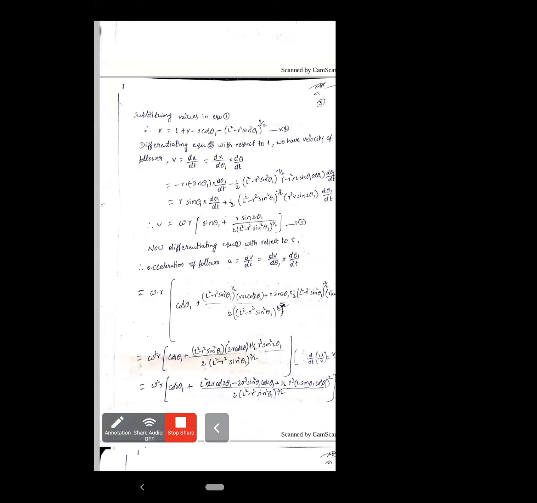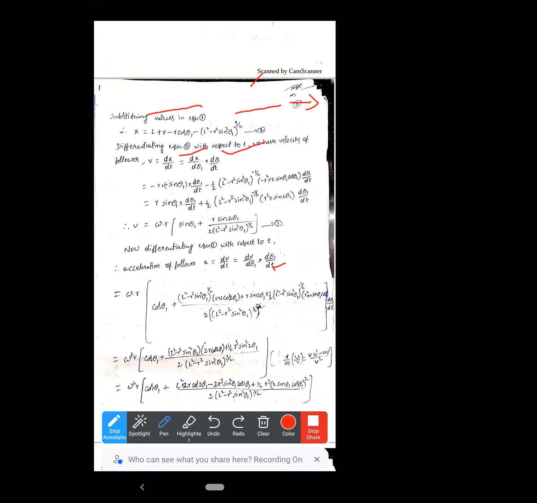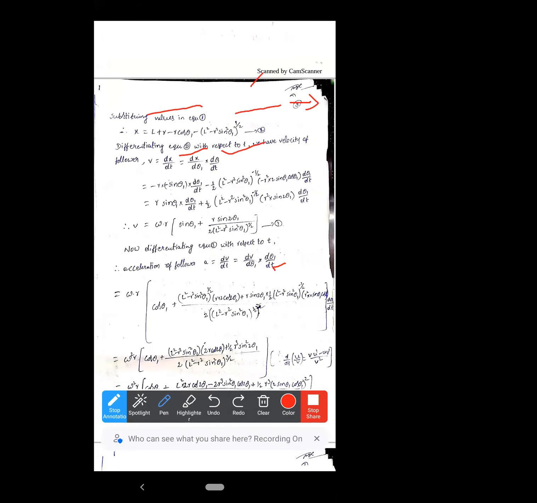And now another term, that is minus R cos theta 1. So that is minus R into, that is the coefficient value, R into cos theta. Differentiation of cos theta means minus sin theta 1. But again d theta 1 by dt is there, for both the terms. So d theta 1 by dt is also there.